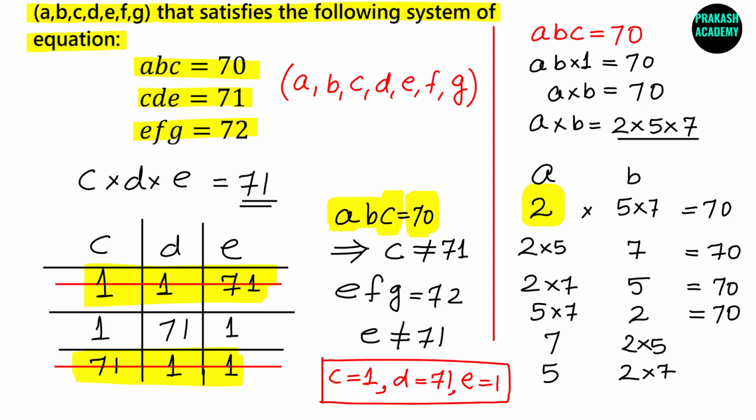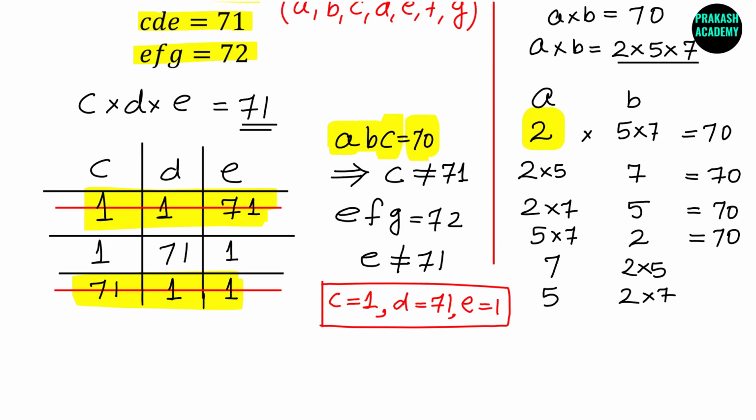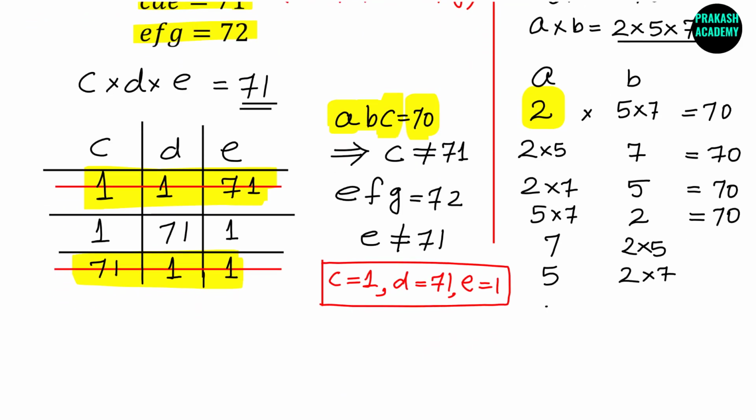And the last possibility is all the three numbers at one place. This means if I take 1 here, then I will have 2 into 5 into 7. Or if I take 2 into 5 into 7 here, then I will have 1 here. In all cases, if you multiply, you will get 70.